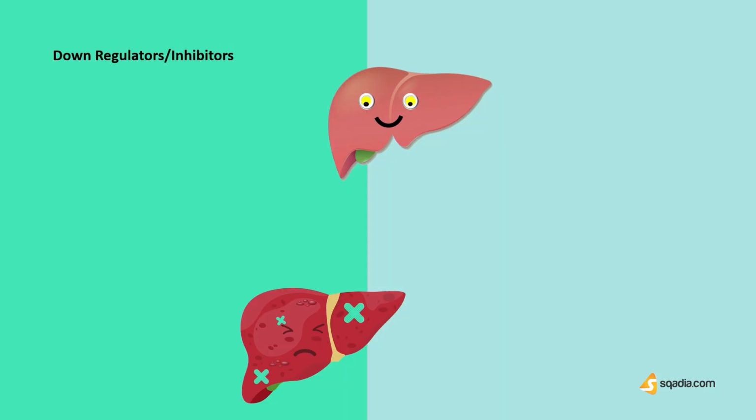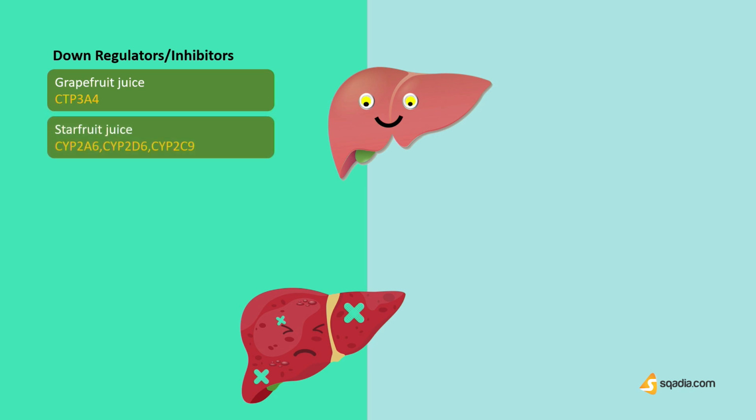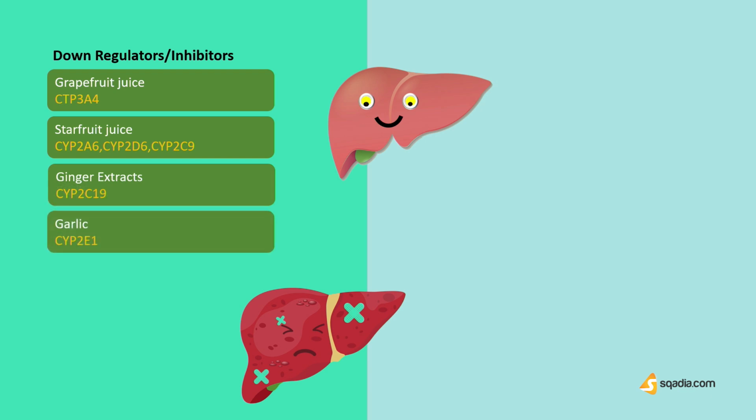The downregulators or inhibitors include grapefruit juice, which inhibits the cytochrome 3A4, starfruit juice, which inhibits the cytochrome 2A6, cytochrome 2D6, and cytochrome 2C9, ginger extracts, which inhibit the cytochrome 2C19, garlic, which inhibits cytochrome 2E1, green tea or black tea, which inhibit the cytochrome 2E1.